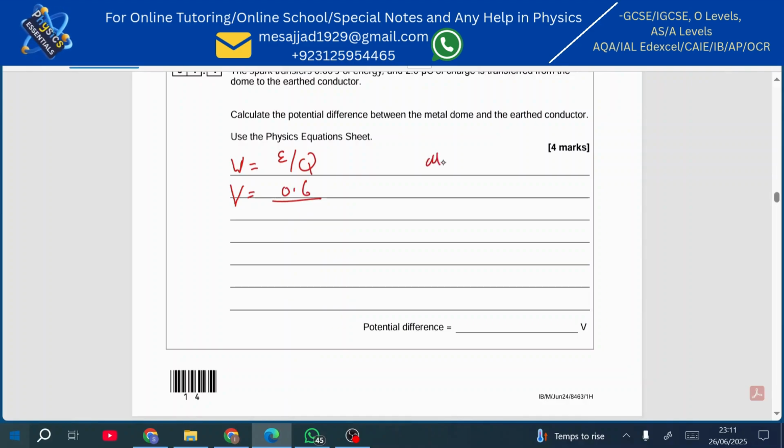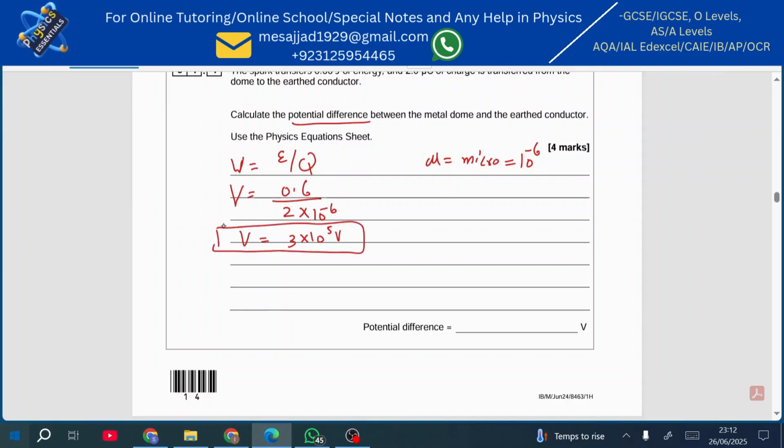Micro means 10 raised to the power minus 6, just as mega was 10 raised to the power 6. So the charge is 2 into 10 raised to the power minus 6, and from here, the potential difference is 3 into 10 raised to the power 5 volts. And this is exactly what you needed to find.